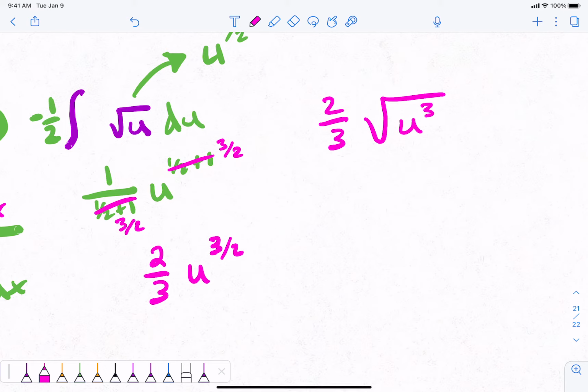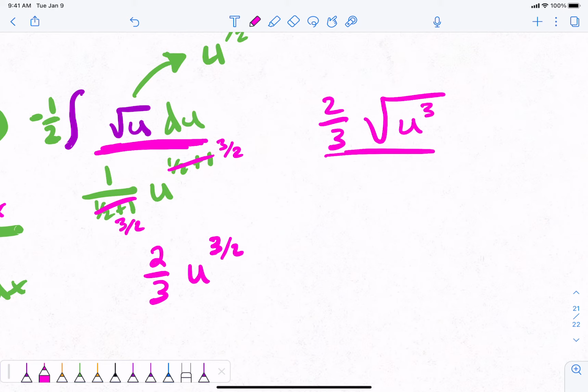Okay, I'm missing something. What did we forget about? I did the antiderivative of this chunk right here and got 2/3 square root of u to the third power.